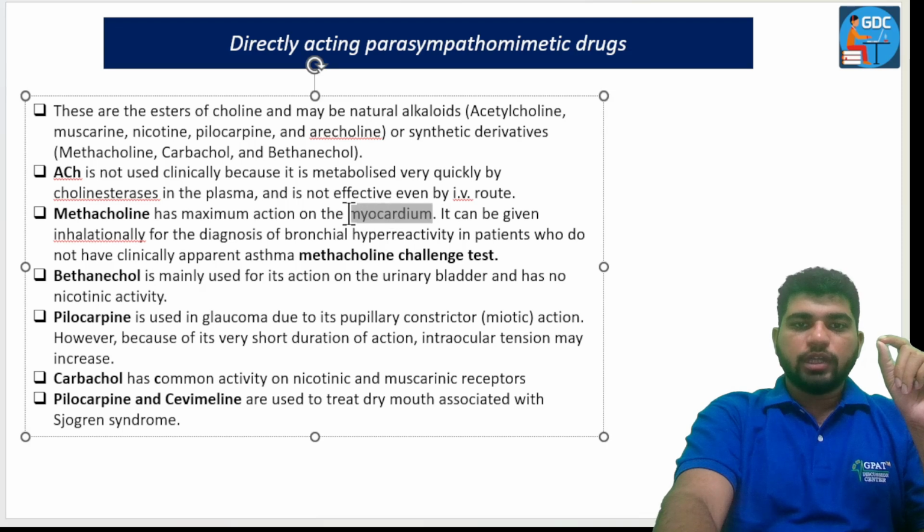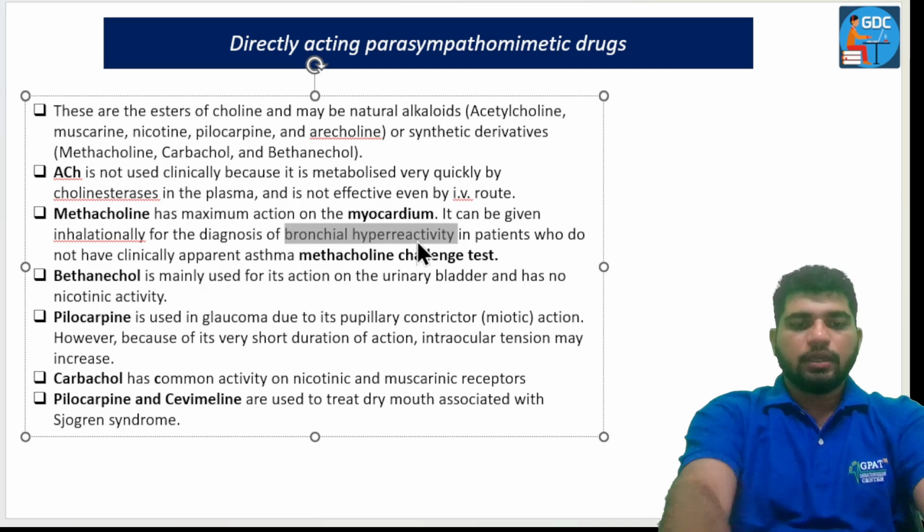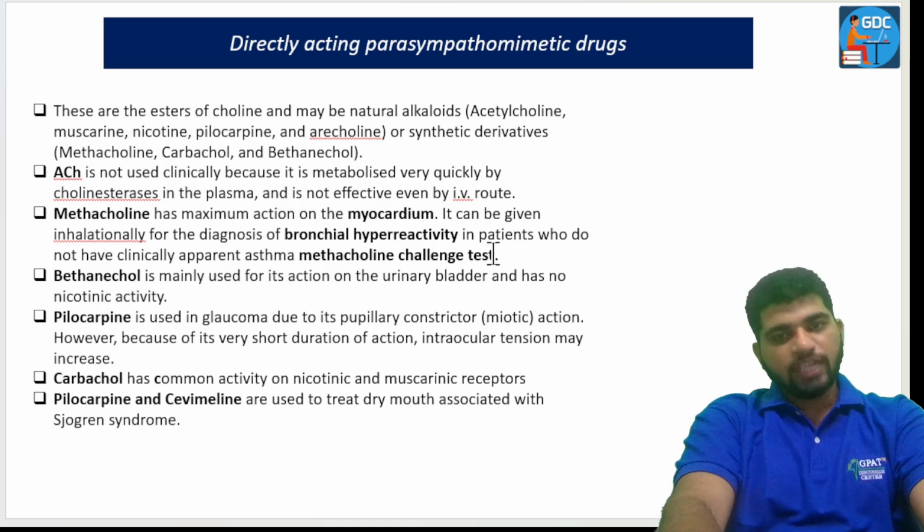It can be given by inhalation for the diagnosis of bronchial hyperactivity in patients who do not have clinically apparent asthma. This test is also known as the methacholine challenge test.